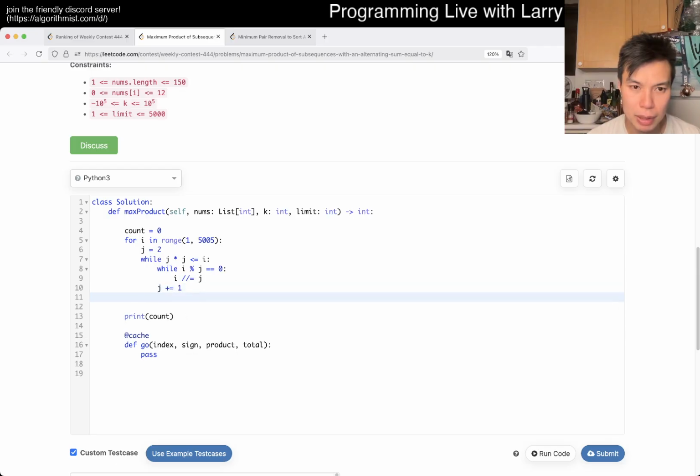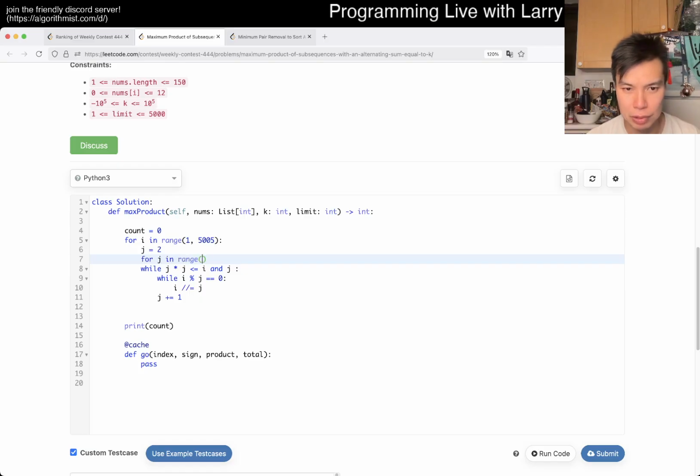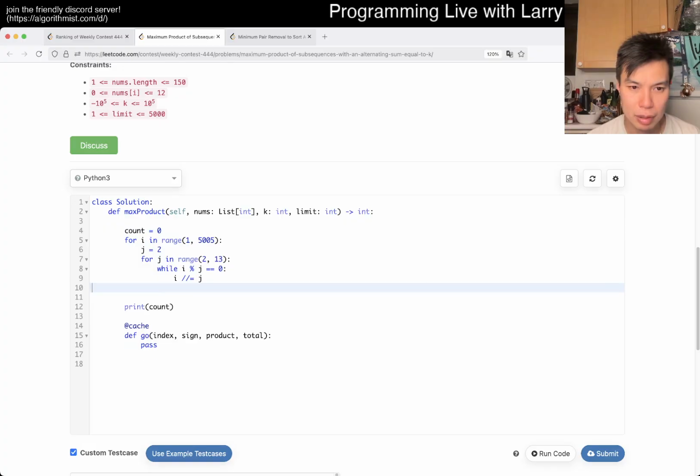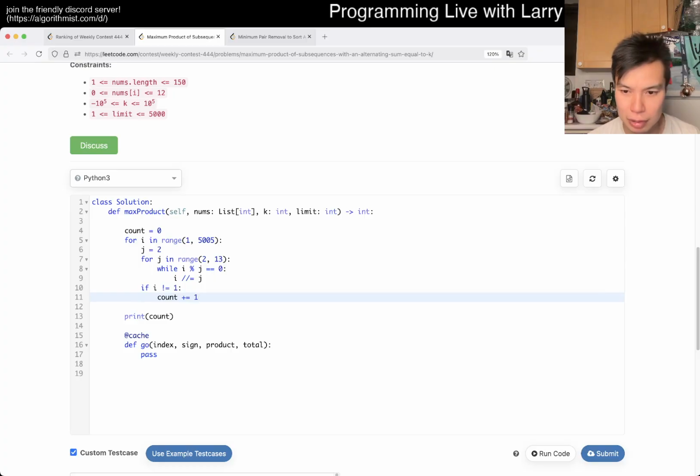And then basically now, maybe I can just write j in range from 2 to 13. And then now we have if I is not equal to 1, then okay, that's actually accurate.